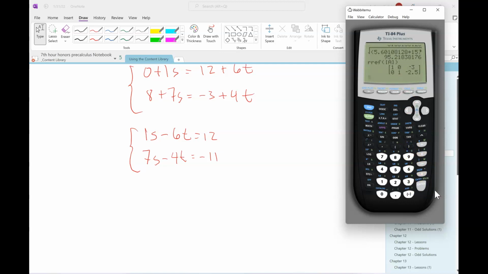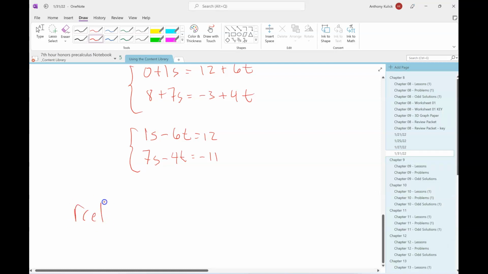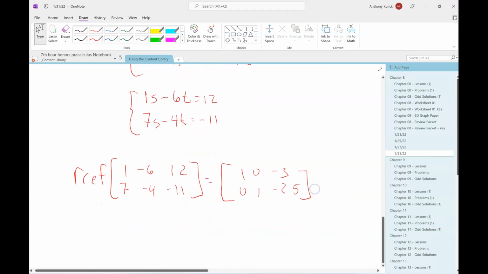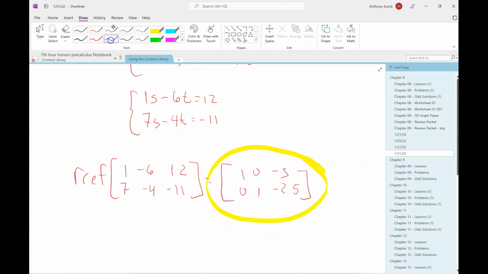Okay, so let's write down what we just did here. What was it, 3 and 2.5? -3 and -2.5. Okay, so this matrix that I got from my calculator tells me that s is -3 and t is -2.5.